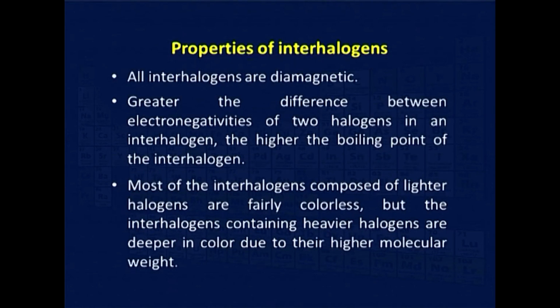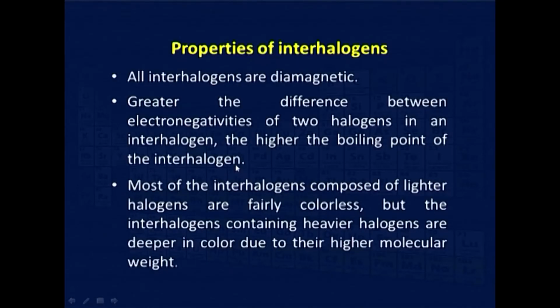All interhalogens are diamagnetic in nature. The greater the difference between the electronegativities of the two halogens in an interhalogen, the higher the boiling point of the interhalogen. Means the boiling point is related to electronegativity: with an increase in the difference of electronegativity between the two halogens, the boiling point is supposed to increase.